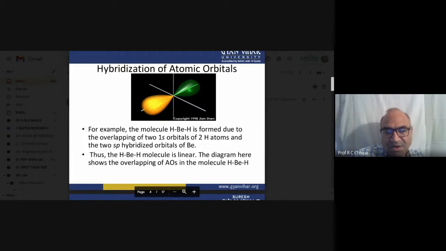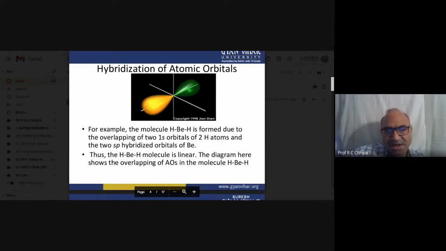So how the characters of s and p atomic orbitals remain appears in the case of beryllium hydride, BeH2, where the beryllium undergoes sp hybridization.